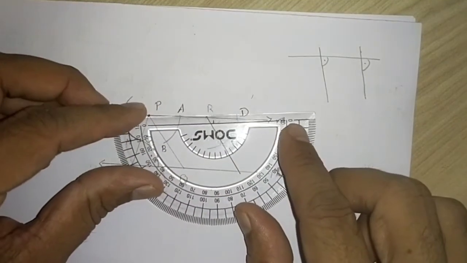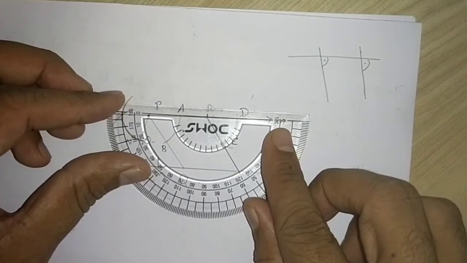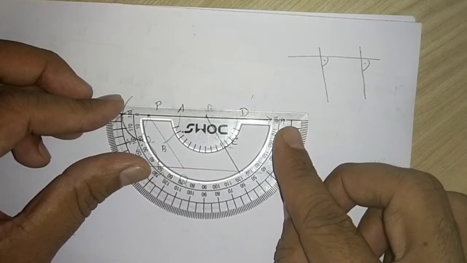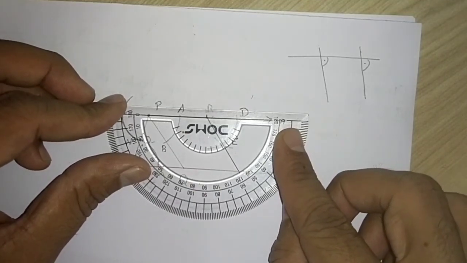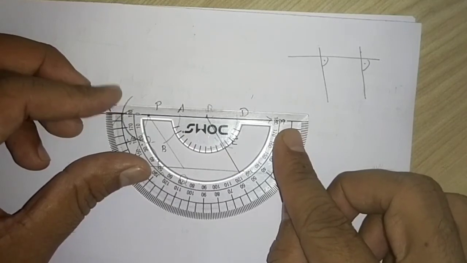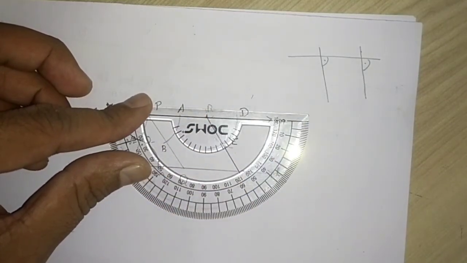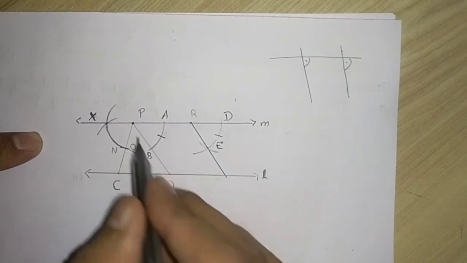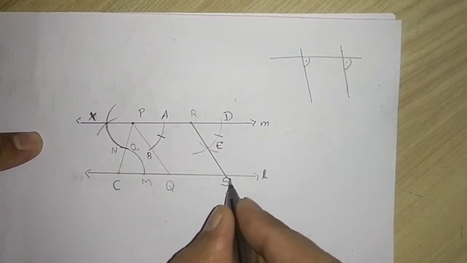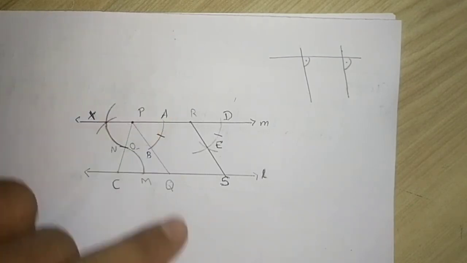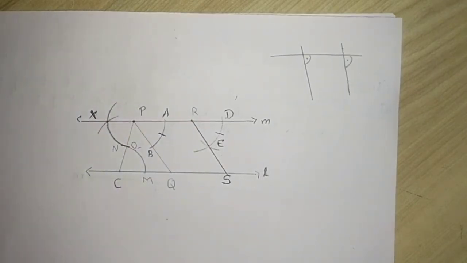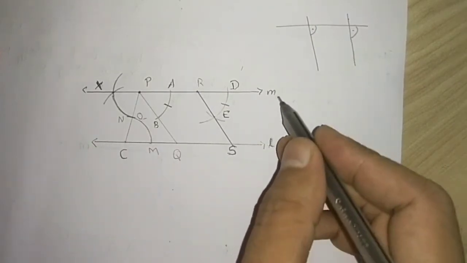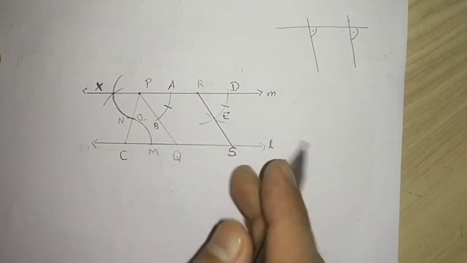If I measure here at R, will I get 55? Yes, if you can see it properly, let me adjust first. Now you can see the line is exactly at 55. So both these angles are the same. So we have got PQ parallel to RS, because they told us to name it S. So PQ is parallel to RS, and by construction L is parallel to M.